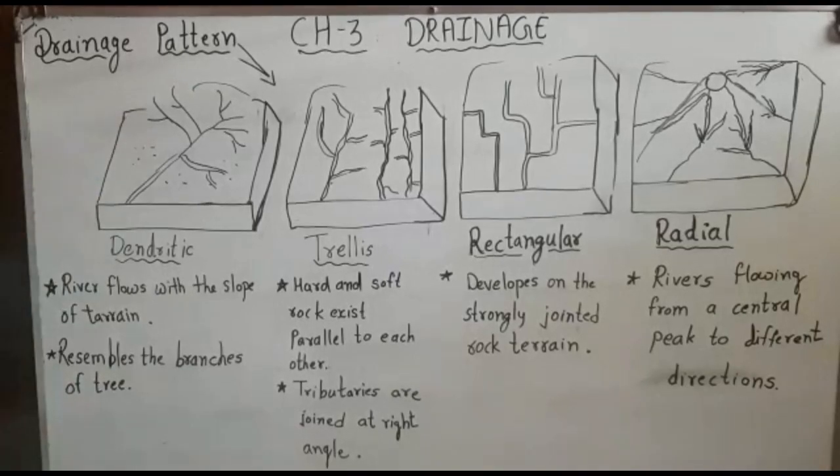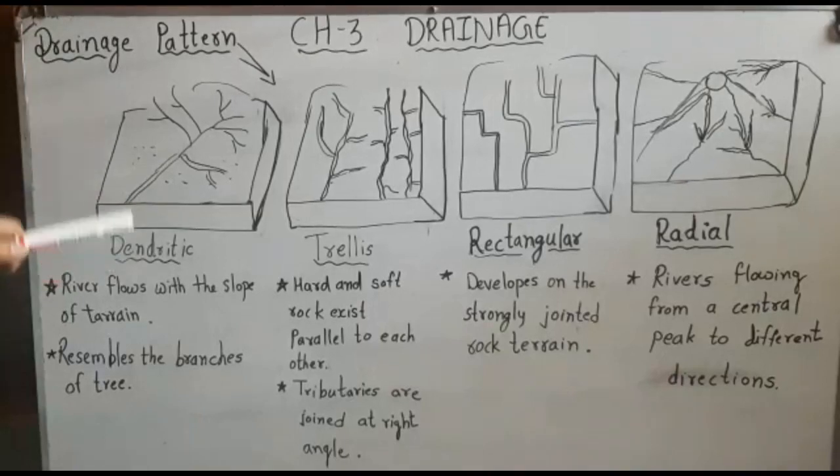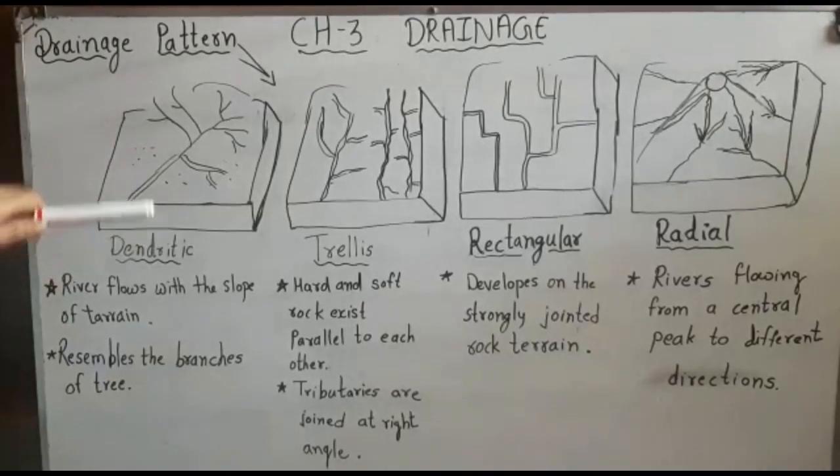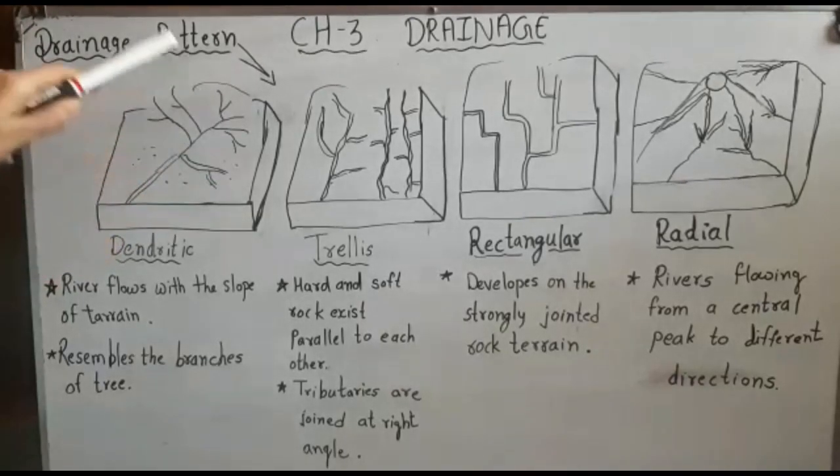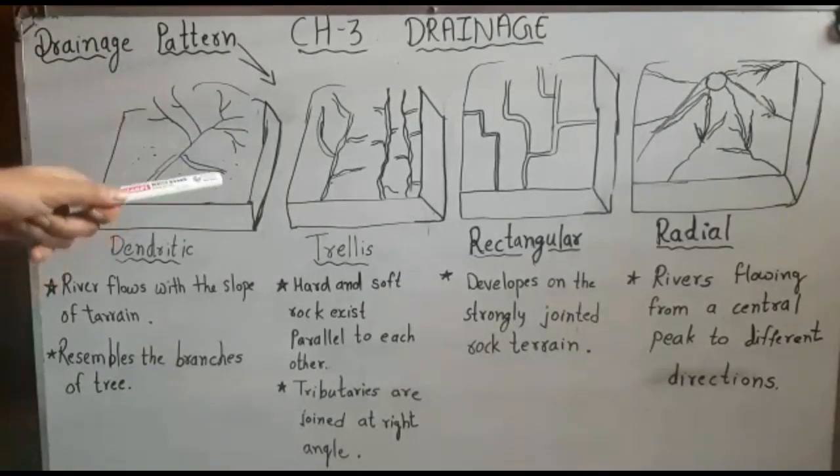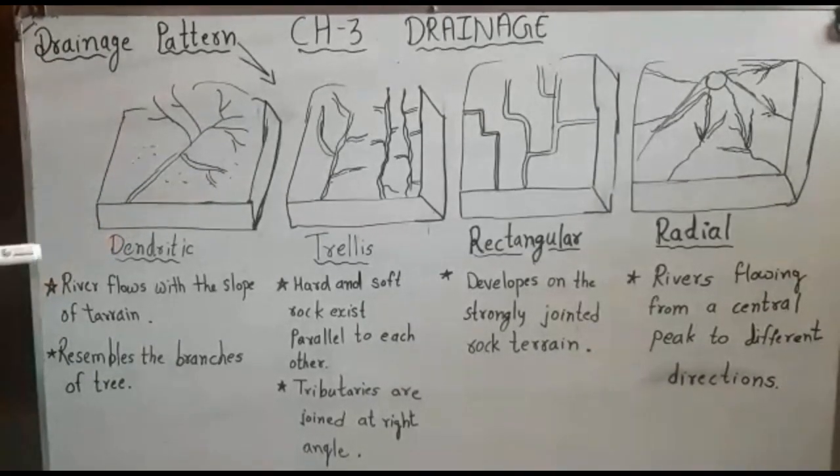Next, trellis. What is trellis? Trellis means in this pattern hard and soft rocks exist on the surface of the earth where the river flows.